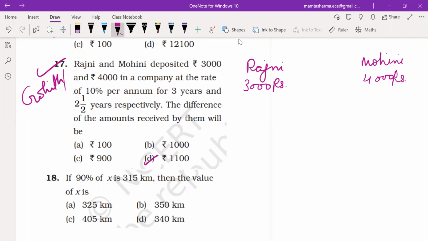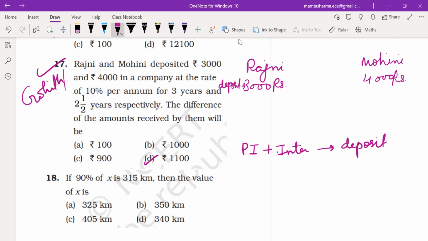Ma'am, deposit amount is the same as principal amount, right? No. It is not the same. Actually, when we add principal amount with interest amount, then it becomes the deposit amount. Rajni and Mohini deposit.